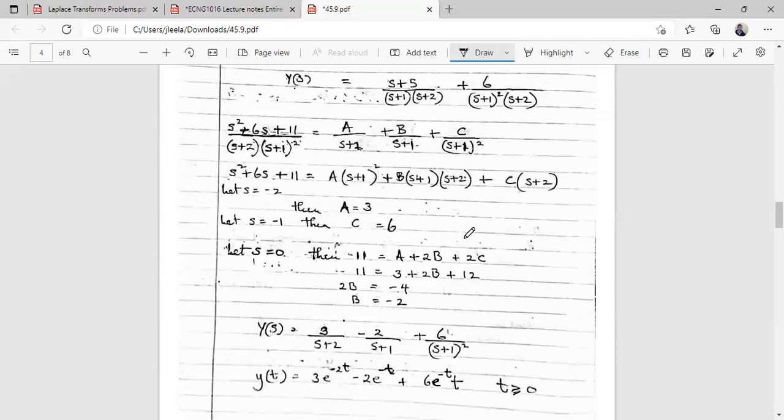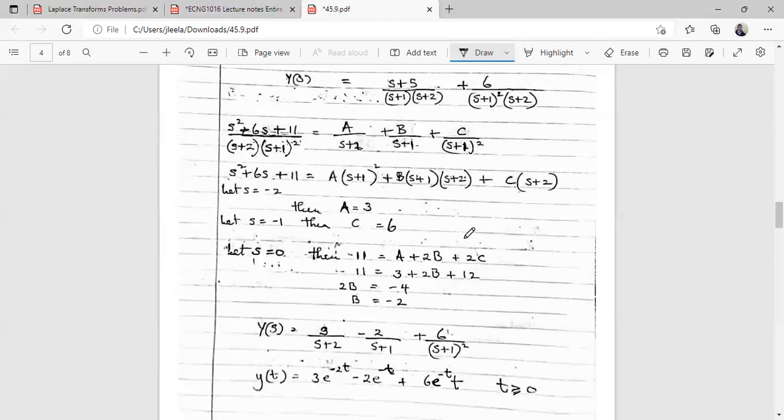A plus 2B plus 2C, and then you just insert the values, so A and C respectively. So that is 3 plus 2 by 6 is 12. So 11 is equal to 3 plus 2B plus 12, right?